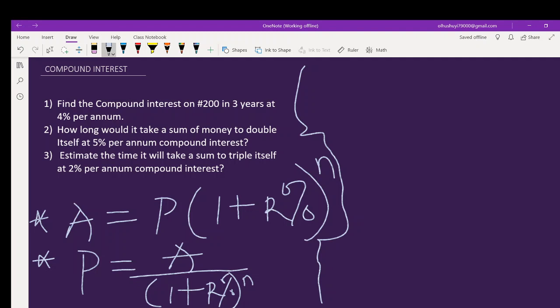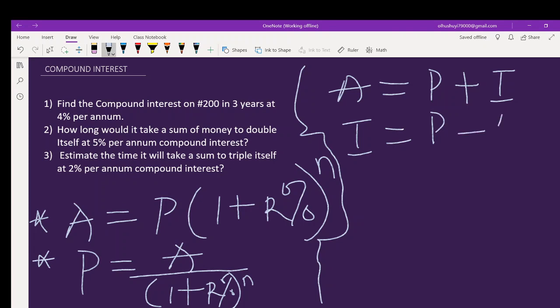I made it known in the simple interest formula that amount is equal to principal plus interest. So whenever we are done with calculating our amount, we can easily say that your interest is your amount minus your principal. So let's go ahead and deal with this first.